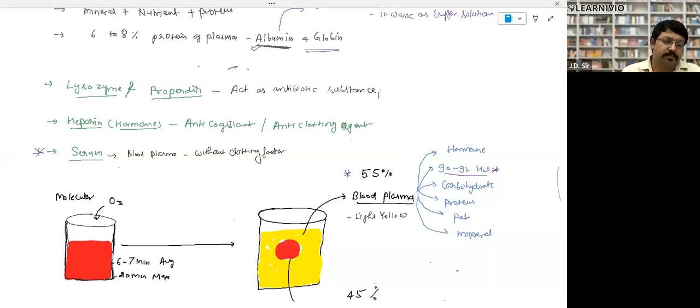Heparin is a type of hormone. Heparin is a type of hormone found in our blood, not body, found in our blood in dissolved condition.